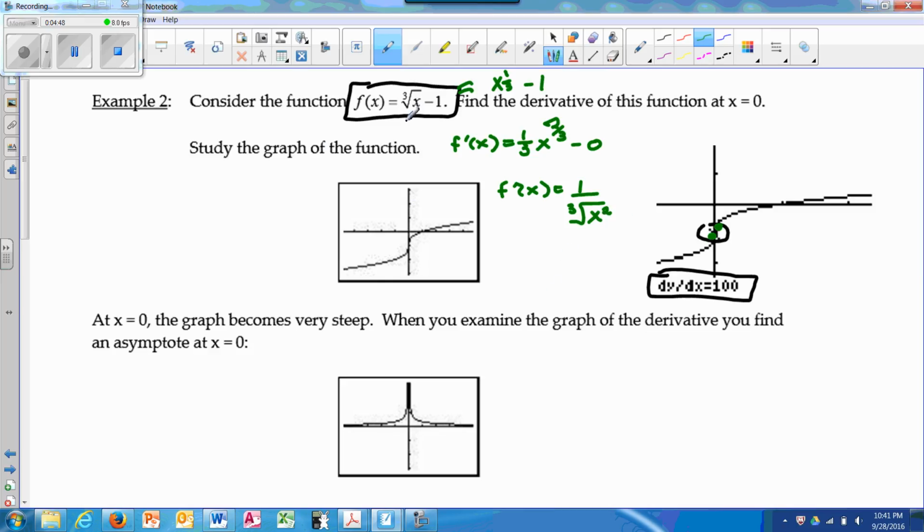Now, the cube root function itself is defined for all real numbers. So the domain of this original function is all real numbers. The problem is that my derivative isn't defined for all real numbers. If the denominator is 0, then I have an undefined derivative. So f prime of 0 is a derivative, which is a limit. Remember, derivative by definition is a limit, so the limit does not exist.